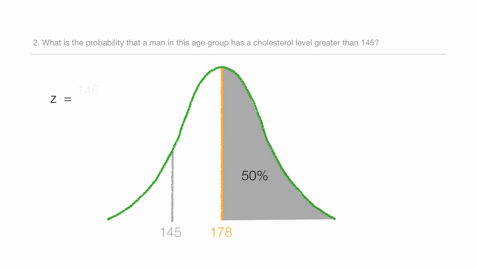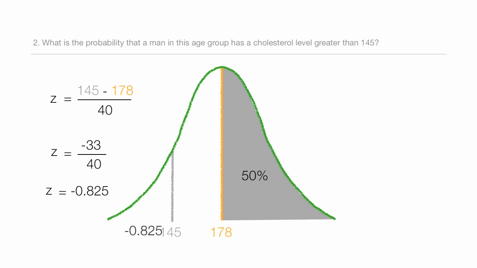Z is equal to 145 minus 178 divided by 40. 40 is the standard deviation, 145 is the observation in question, and 178 is the mean. Z is equal to negative 33 divided by 40. So z is equal to negative 0.825. This z-score relates to 145.